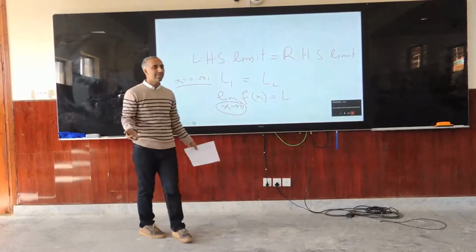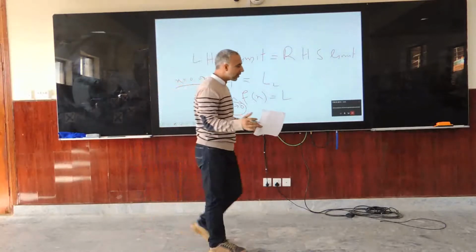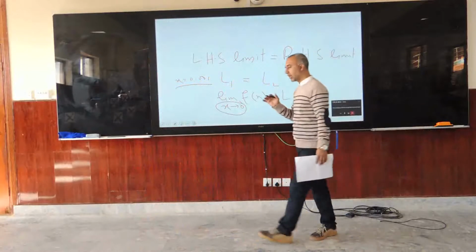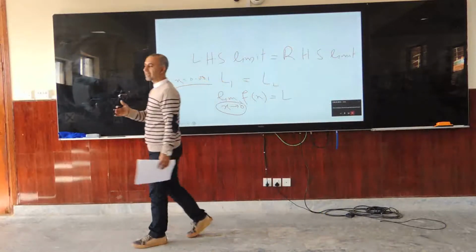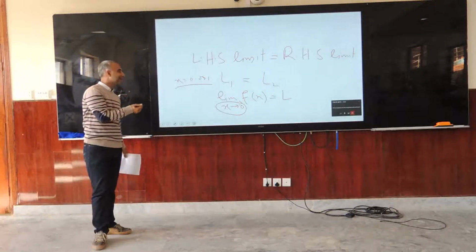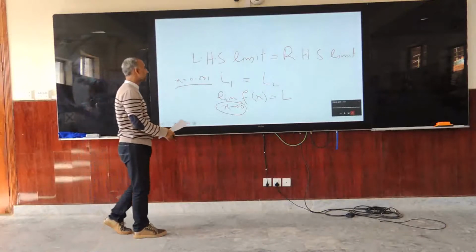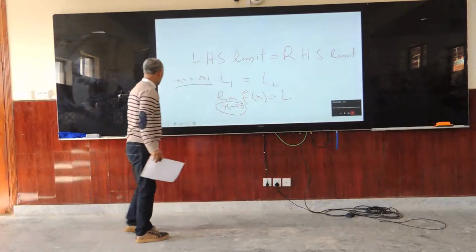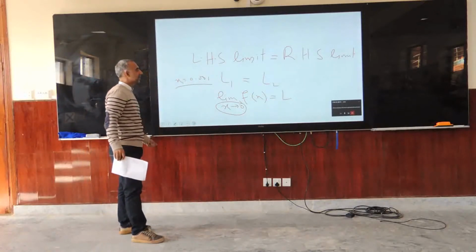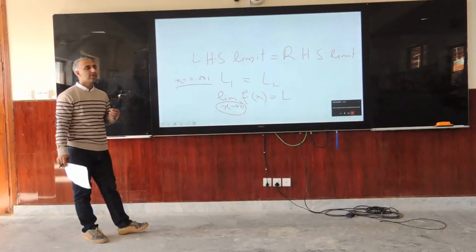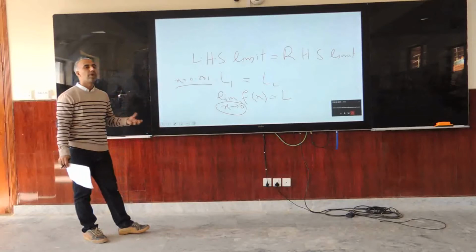As I am telling you, once the left hand side and right hand side limits are equivalent, even if x is not exactly 0, we can say that the limit exists, and whatever the value is here, we can get our answer. So this is the case of a limit. As I already told you, the concept of limit is that we can understand what is the working output.